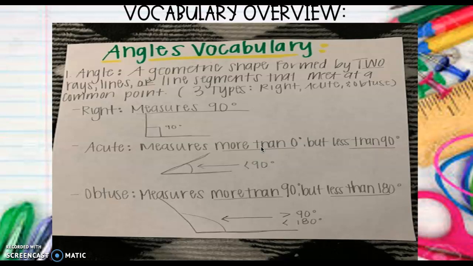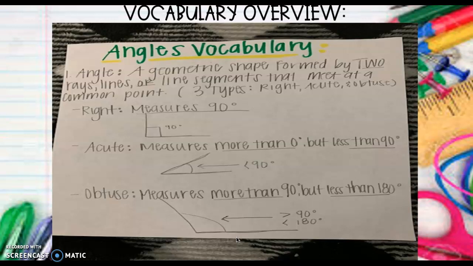Okay, your next one is obtuse. I call this the big one. This is like the granddaddy of them. This one is obtuse, and this measures more than 90 but less than 180. So when you're measuring, you look at this, you can see, oh, this is stretched out. It's like when you stretch your arms out in the morning when you first wake up, it's big, it's wide, it's long, it's all of those things.